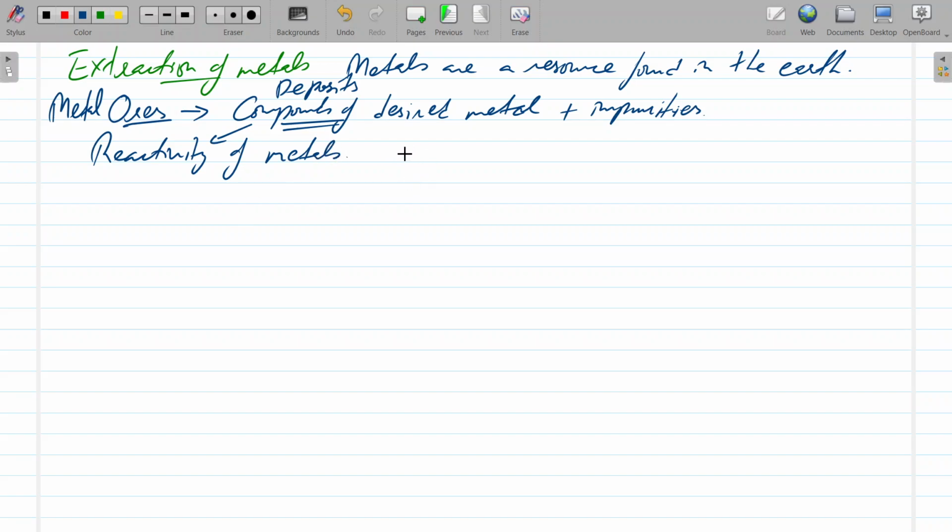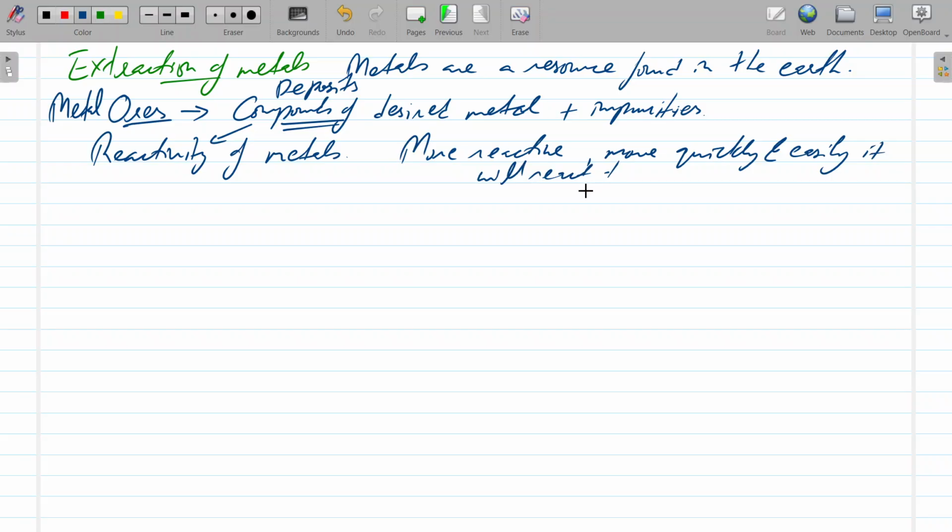So the more reactive the metal is, the more quickly and easily it will react with other elements in its environment.